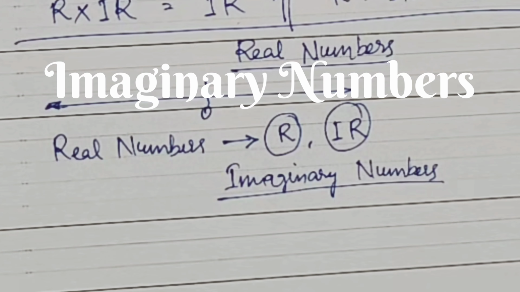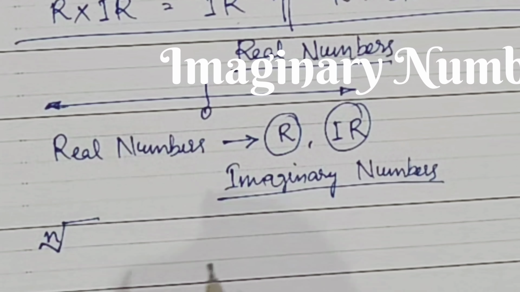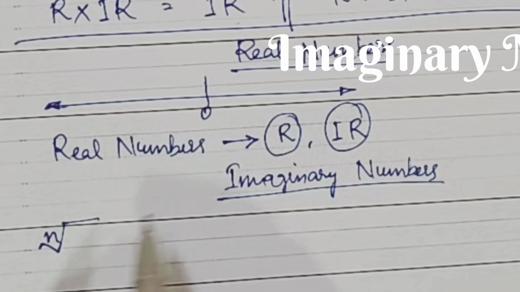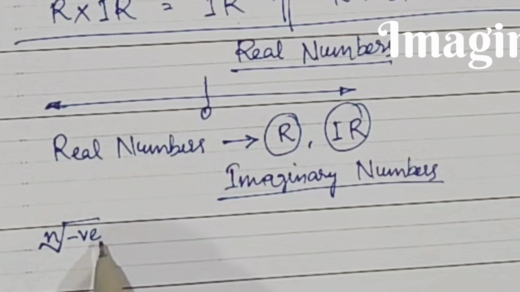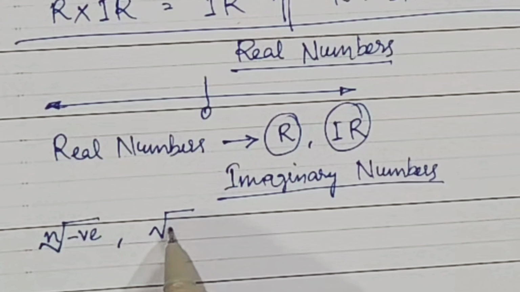An imaginary number is defined as any order of root of a negative integer. That is your imaginary number. So the basic imaginary number is square root of -1.